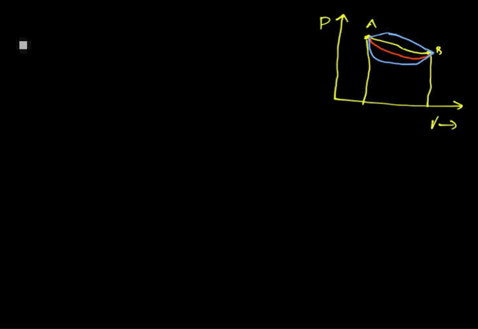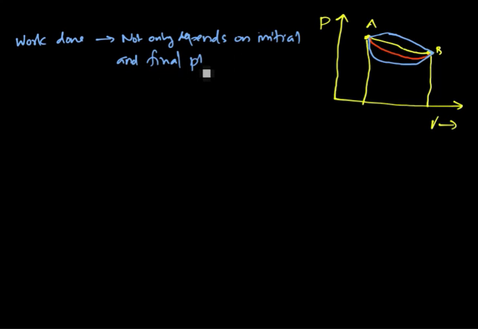That is, work done on a system or done by a system not only depends on initial and final points or initial and final states, but depends on the path followed in achieving the final state from the initial state.